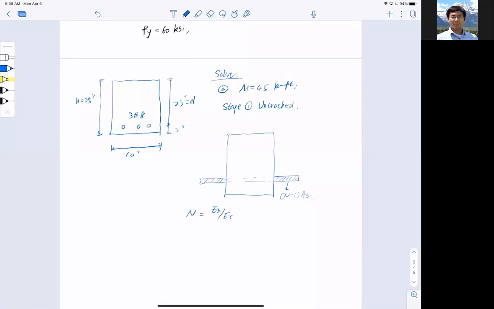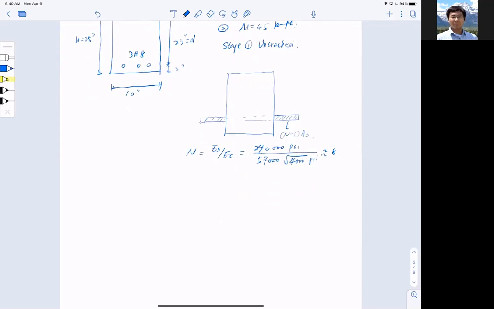That is 29,000, sorry, 29,000 ksi, so 29,000,000 psi, divided by the concrete, which is 57,000 square root of 4,000 psi. I found this ratio to be roughly 8.